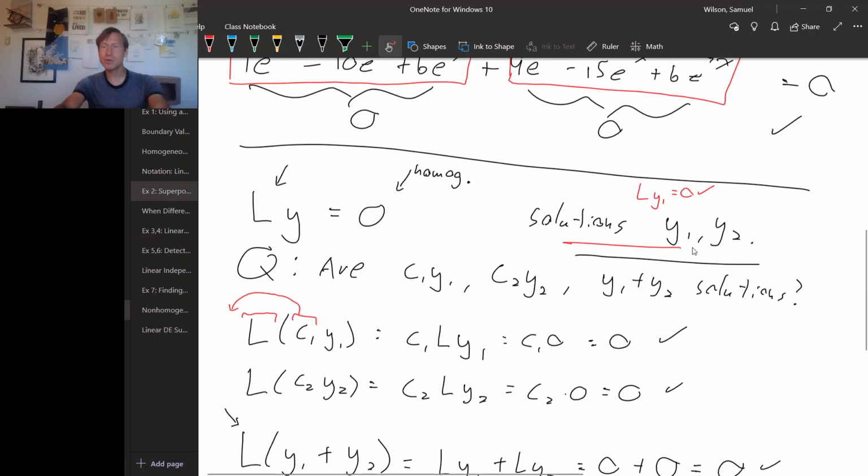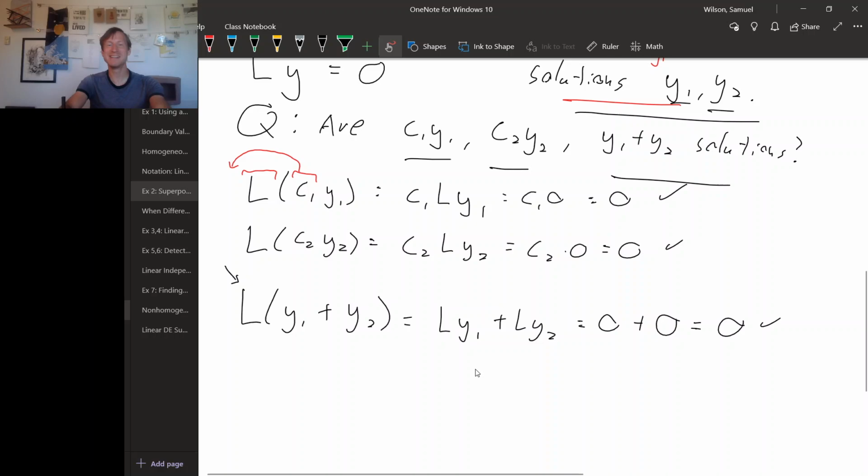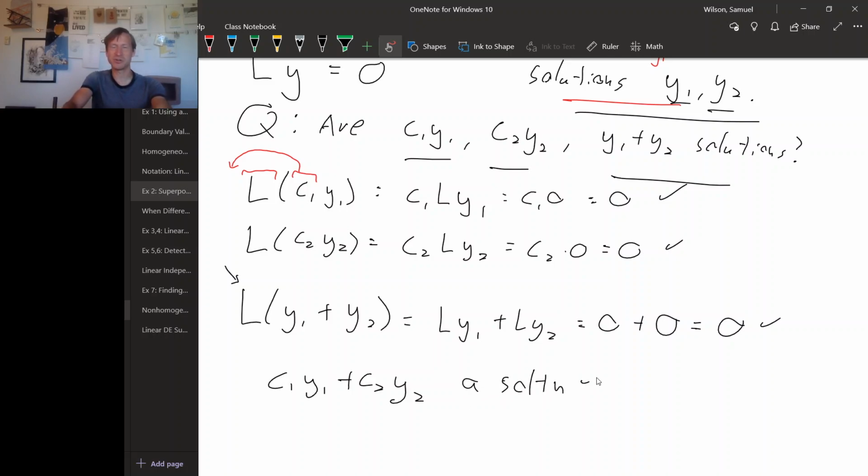So if you start with two solutions to a homogeneous differential equation, there are lots of ways to get more solutions. And in fact, you can combine these. C1 y1 plus C2 y2 is also a solution to the homogeneous differential equation.